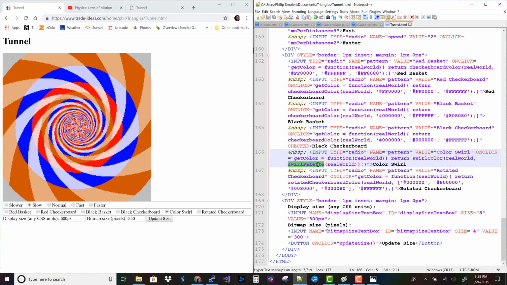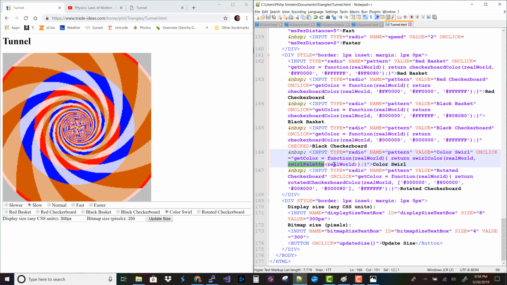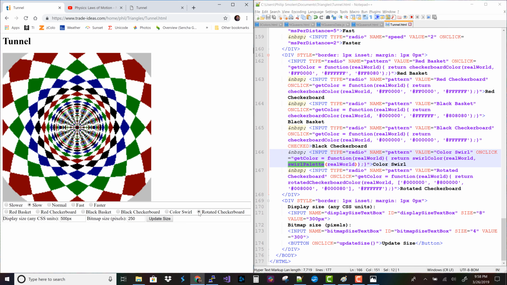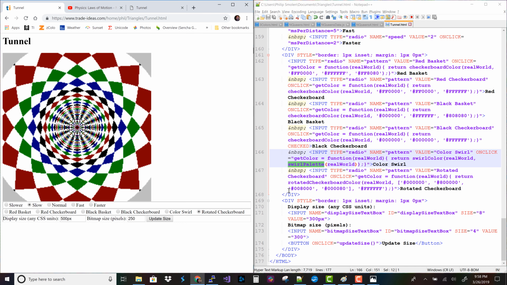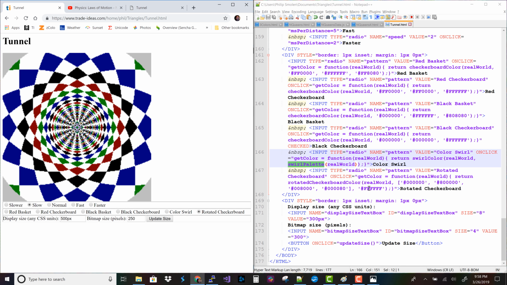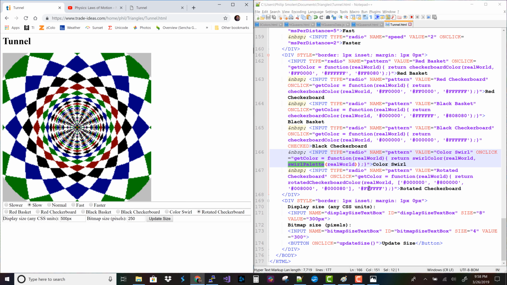Again, we're not using specific colors, we're using that swirl palette function. And then finally, rotated checkerboard. You can see the colors are black, then red, and then green, and then blue, and then the alternate color is white.